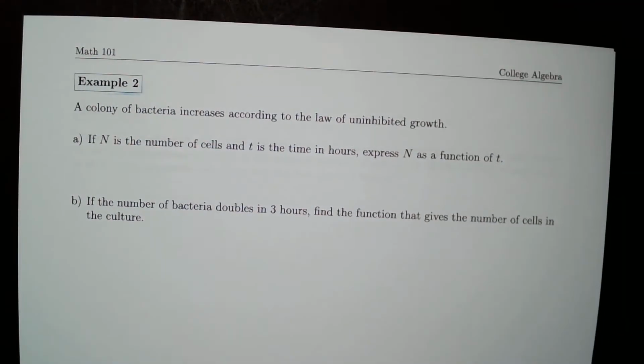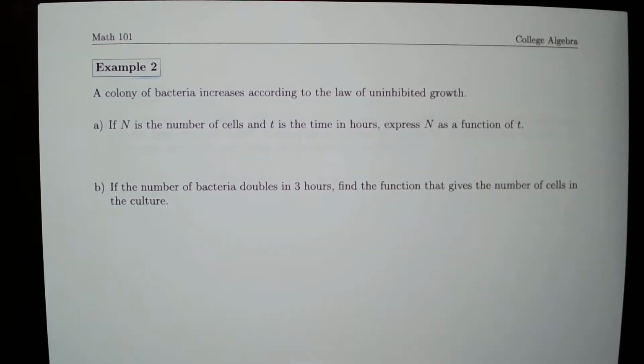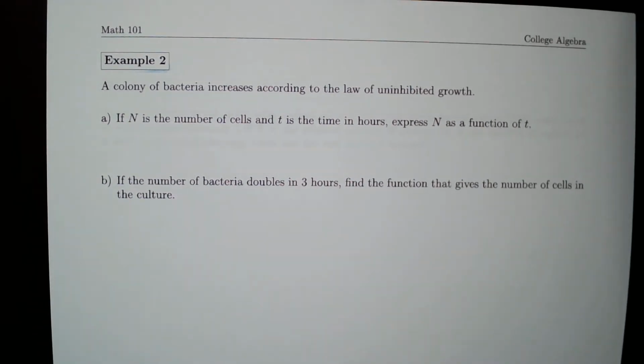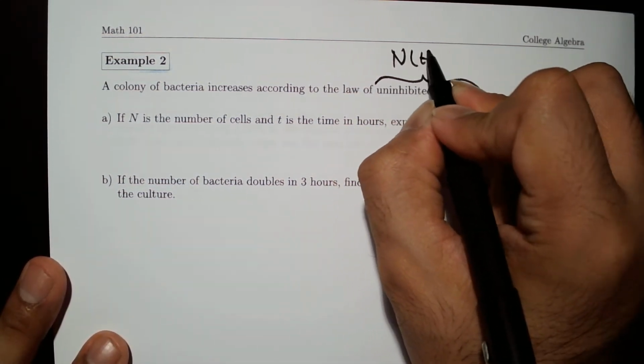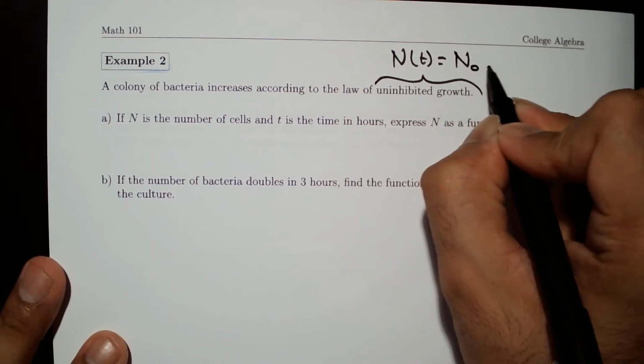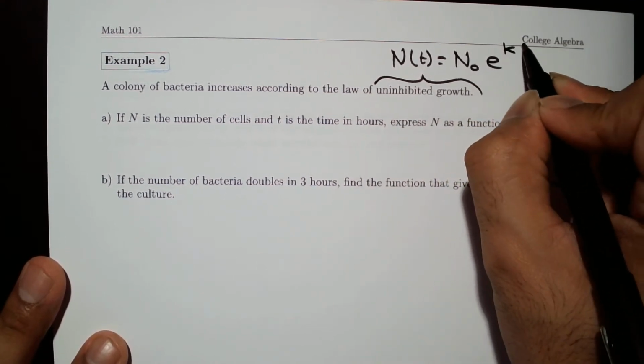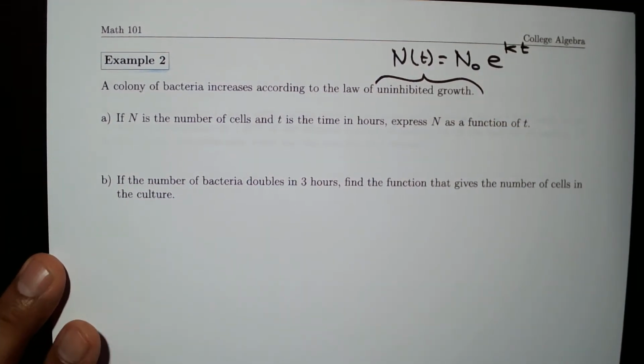A colony of bacteria increases according to the uninhibited growth, which again, let's write this down. That's N of t equals some initial amount times e to the kt.